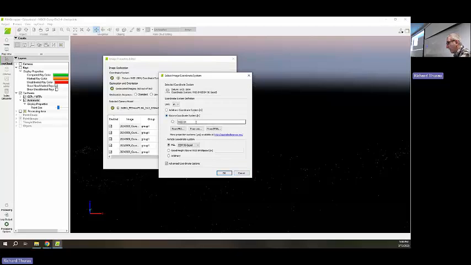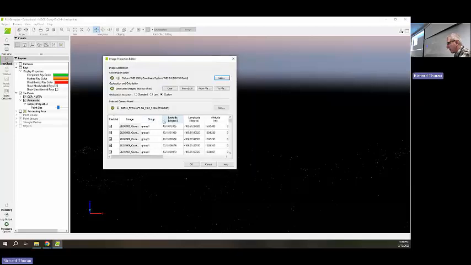I can change the coordinate system within the WGS84 datum, but I don't want to do that right now. Let's just see where these geotags end up. All right, so I'm ready to hit OK. I loaded my Excel file with my geotags. All right, are we all ready for me to hit OK? All right, hit OK.